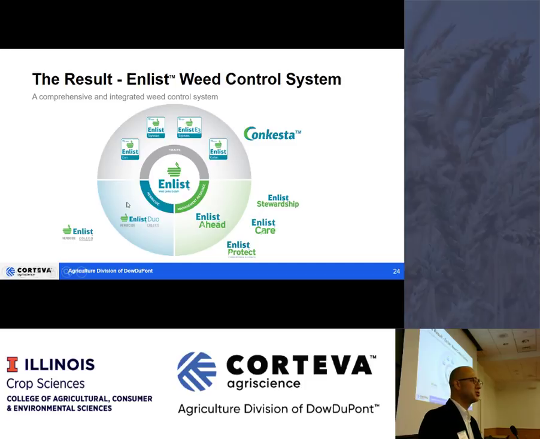So that's the mixture. But there is a component there where we spend a lot of time and resource making sure that the formulation was going to be right. That's technology that we call Colex. And that Colex technology is what we have put into this product that allows for less volatility and drift.